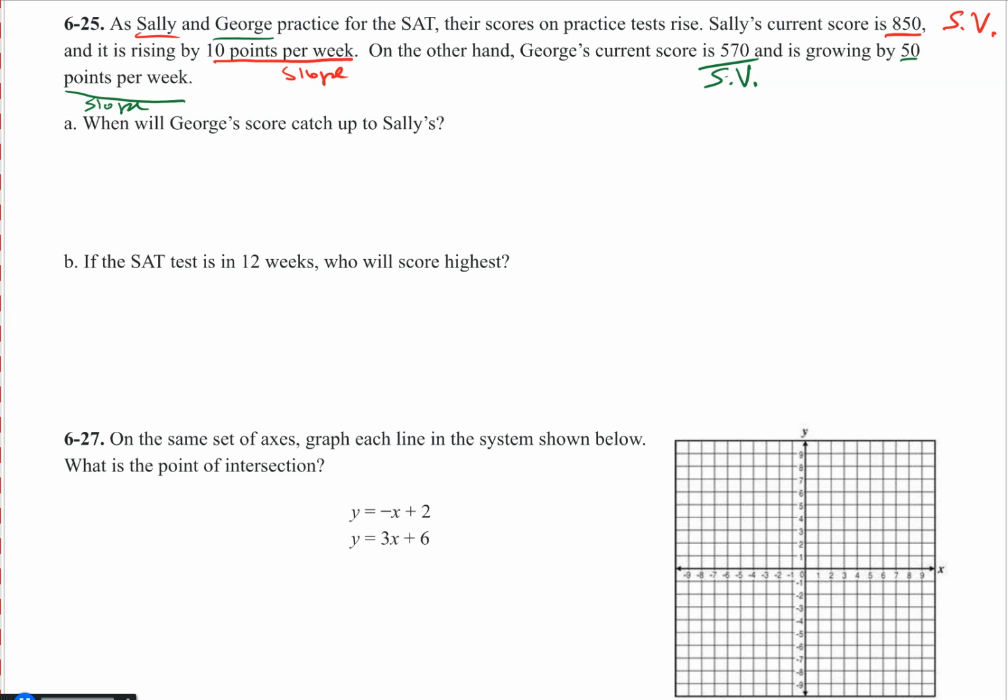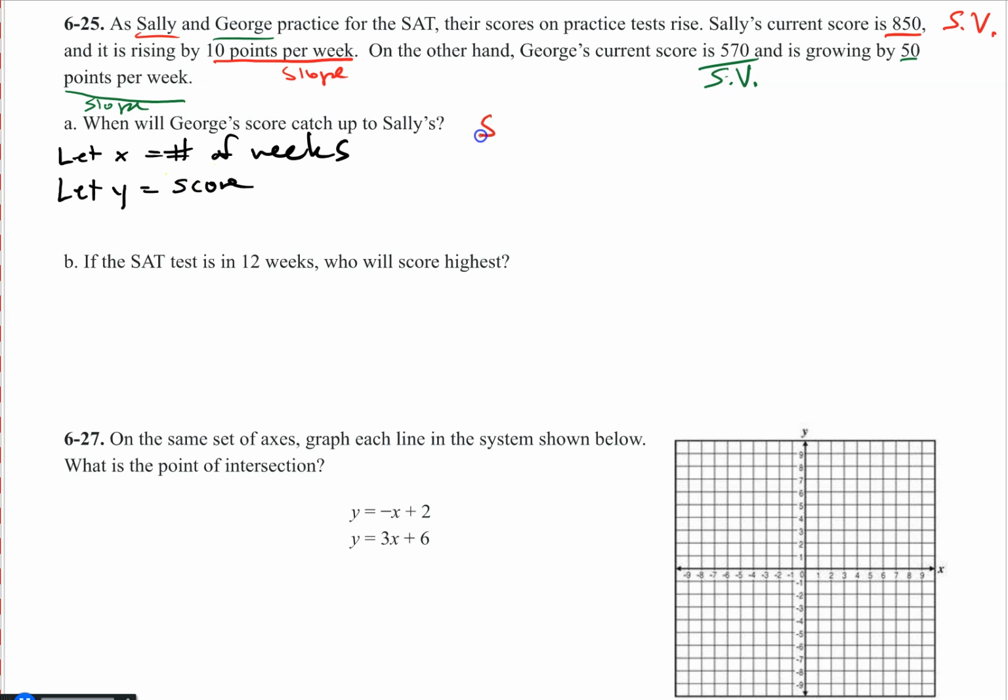Okay, I will do this. I'm going to make an equation. Let x equal the number of weeks, and let y equal the score.